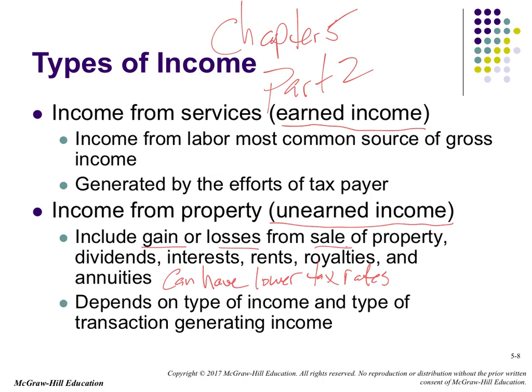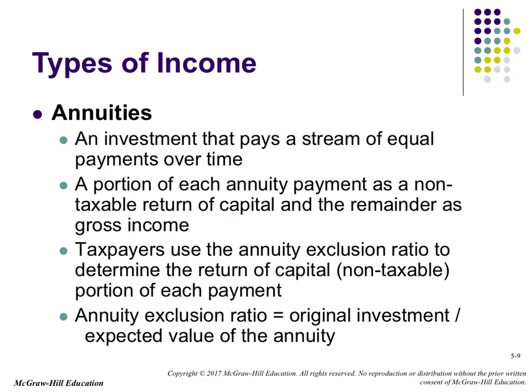And then sometimes you have to look at the type of transaction. So it's important to recognize whether we're talking about earned income or unearned income. Specifically, we're going to have credits related to earned income later on in the semester. One of the things we have to talk about in this chapter are annuities.